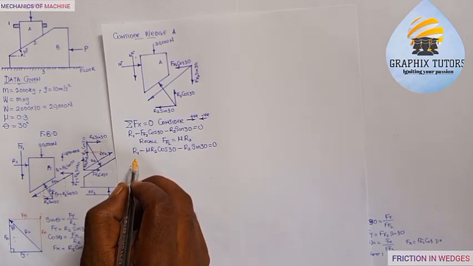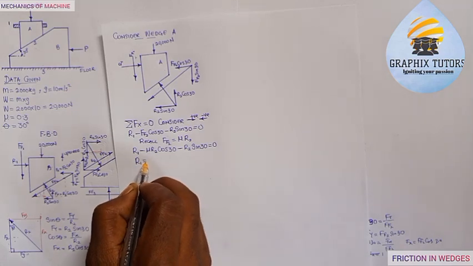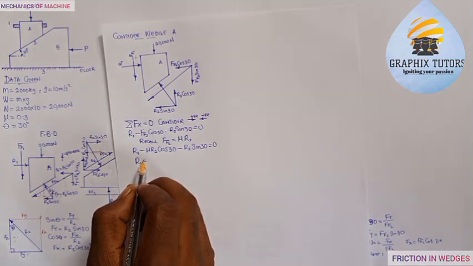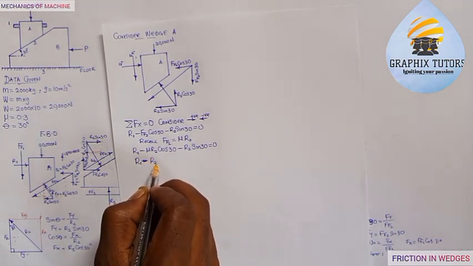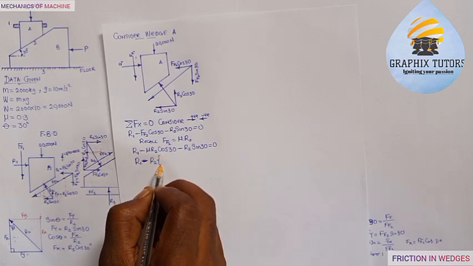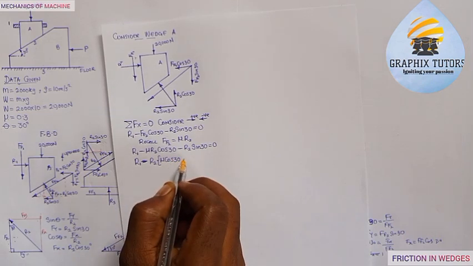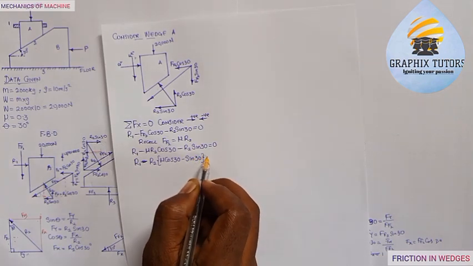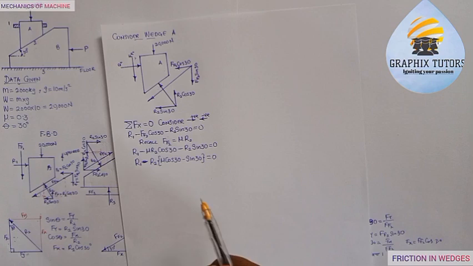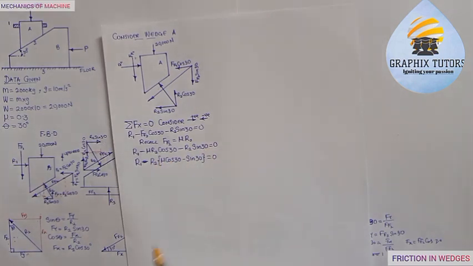So if I bring R2 out, I'll have R1 minus R2 open bracket mu cos 30 minus sine 30, close the bracket, equals 0. If you're wondering what I just did, I factorized, because R2 times this gives us this, and R2 times this gives us this.